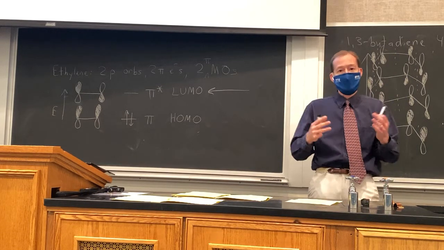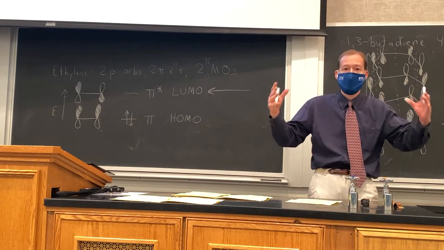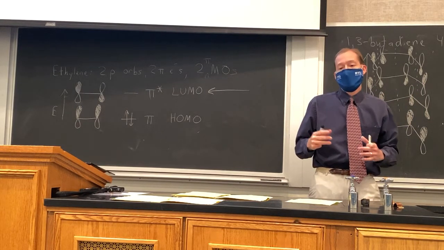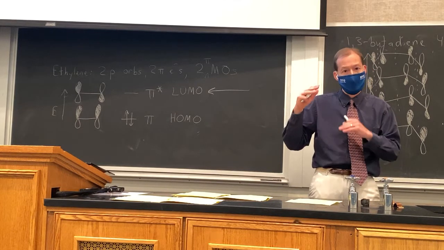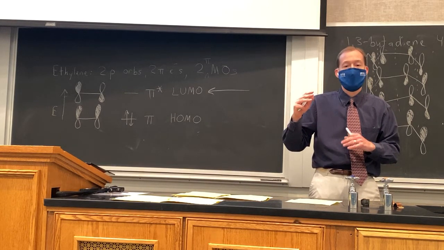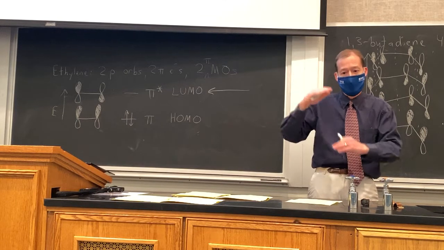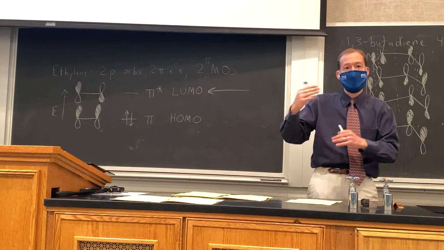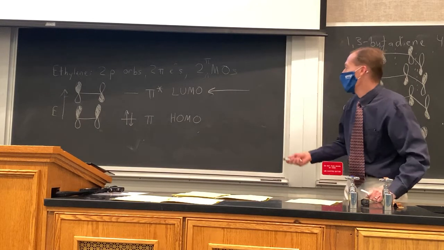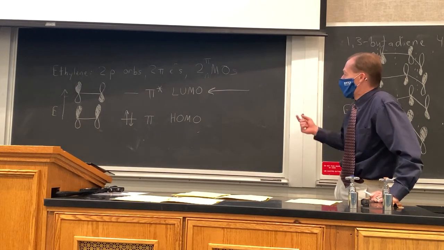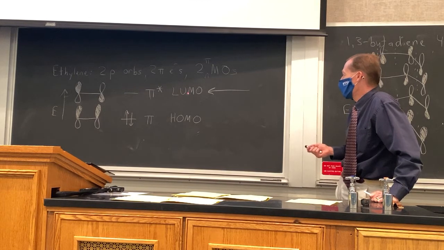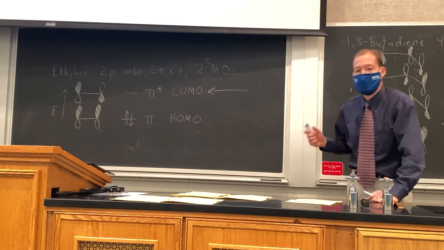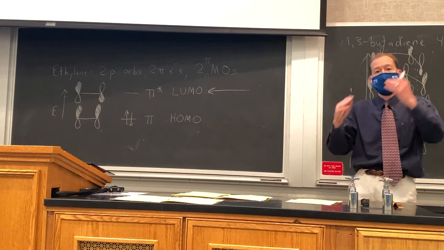And in reactions such as the Diels-Alder reaction, where we have these frontier molecular orbitals on two different reactants overlapping, the gap in energy between those molecular orbitals is related to the reaction rate. The closer in energy those overlapping molecular orbitals are, the faster the reaction will proceed. So if by attaching an electron withdrawing group to our dienophile, we lower the energy of the LUMO, that's going to bring that LUMO closer in energy to the HOMO of the diene.